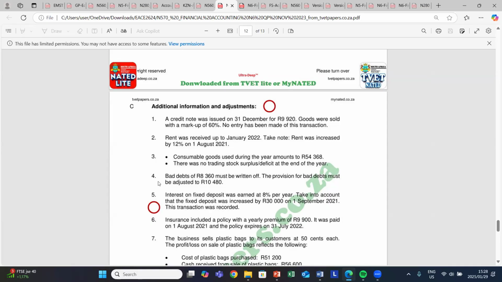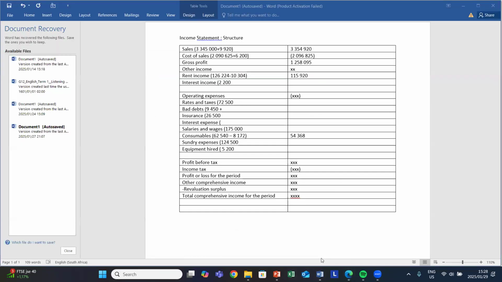Bad debts written off. Bad debts of 8,360 must be written off. We already know that in bad debts you always add. Bad debts of 8,360. Already in your bad debts, you have already said plus, when you copied your information that I shared in your trial balance, you already wrote plus. So you just say plus 8,360.